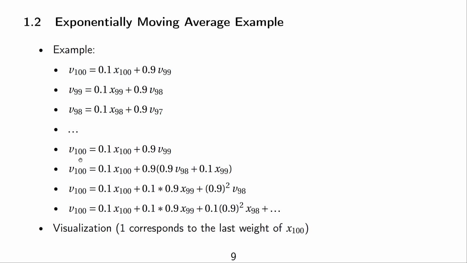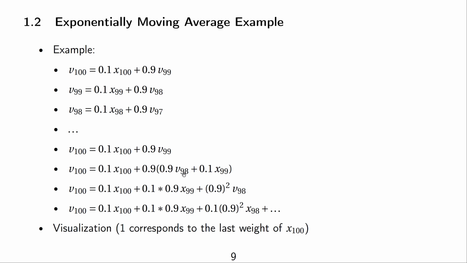So we can then try to basically unroll this recursion by replacing things. So we would say that V100 is 0.1 times x100 plus 0.9 times V99. We can replace this V99 with the equation above. So V99 is now replaced by 0.9 times V98 plus 0.1 times x99.